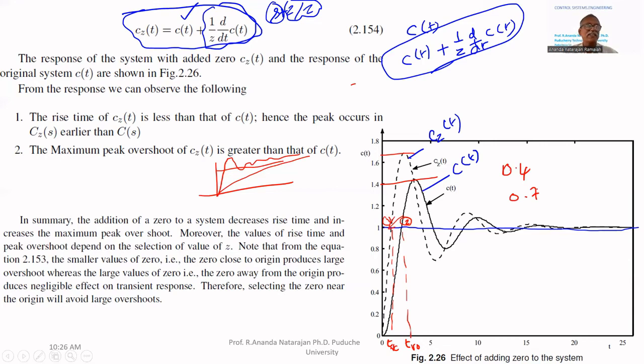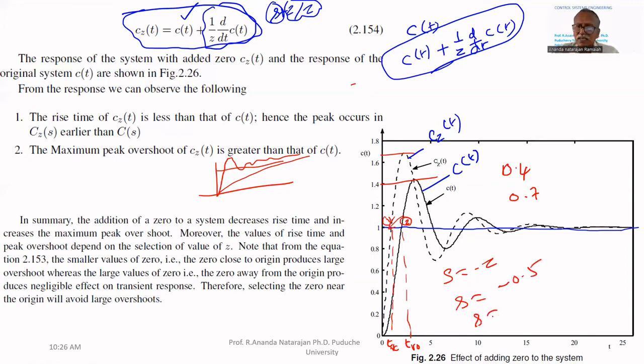But if we select the value of Z, we can adjust that overshoot. If we select Z very close to origin, very close to origin means a smaller value. Am I correct or not? Z small value means we are finding S equal to minus Z. If I select S equal to minus 0.5, that is very close to origin.